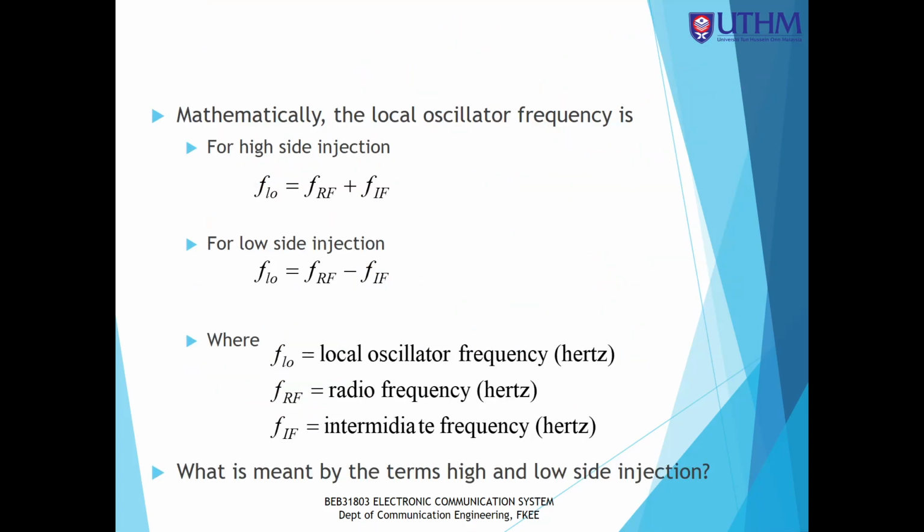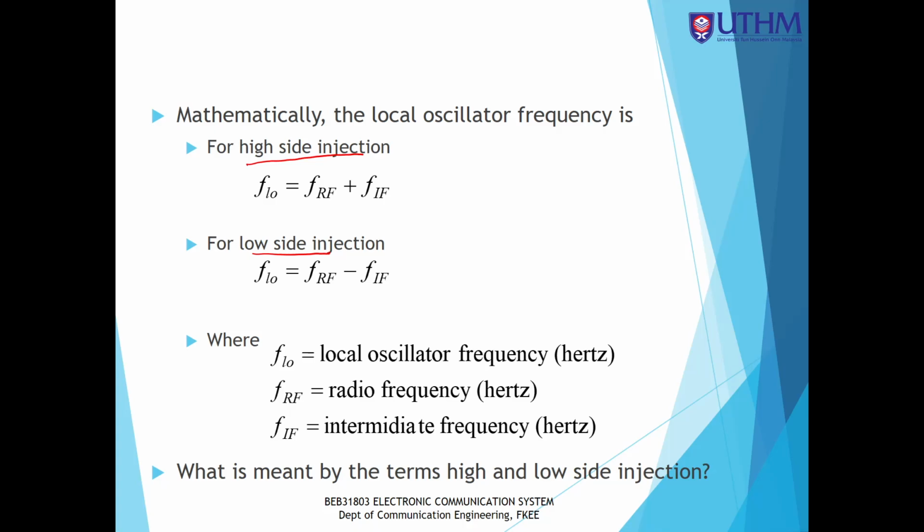Okay, and here high side injection and low side injection. So we are still in the converter section. This is just a term about the conversion process. High side injection and low side injection. What is this actually?